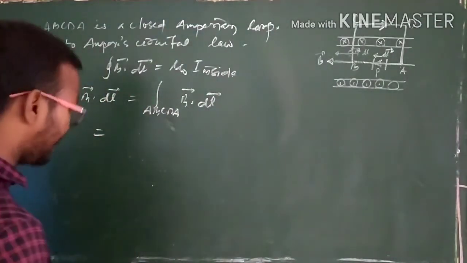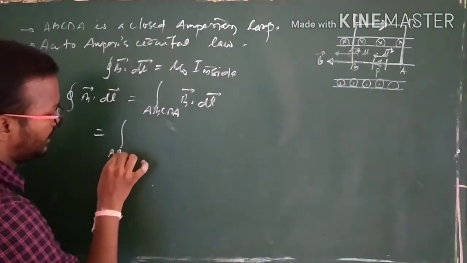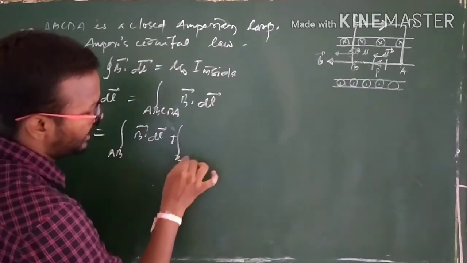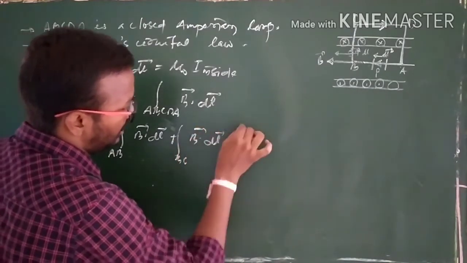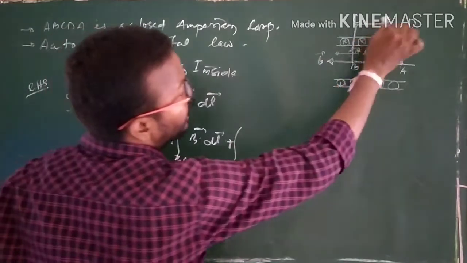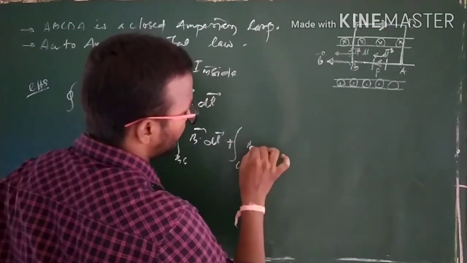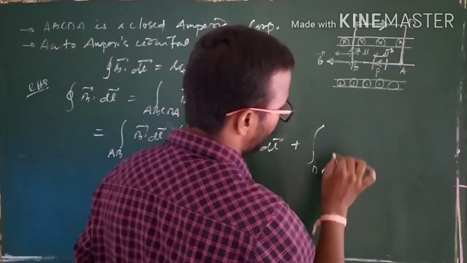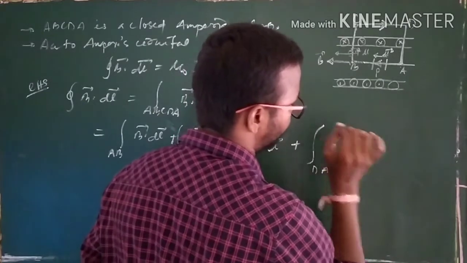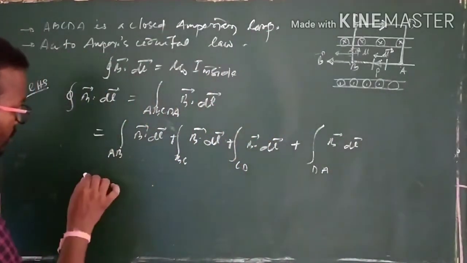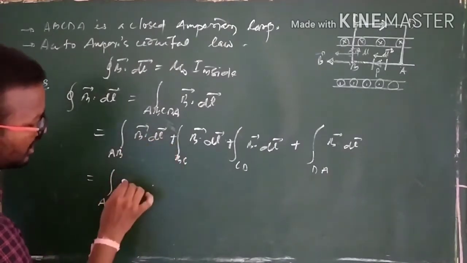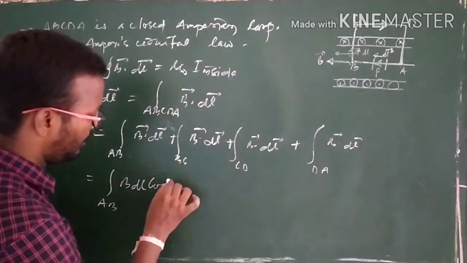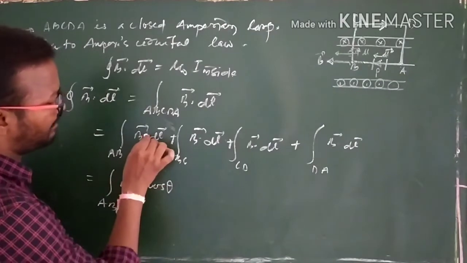So you can write this integration as A to B, B dot dl, plus B to C, B dot dl, plus C to D, B dot dl, plus D to A, B dot dl. For the dot product of two vectors, A to B, B dot dl we can write as B dl cos theta. What is theta? Theta is the angle between the magnetic field and the dl element.